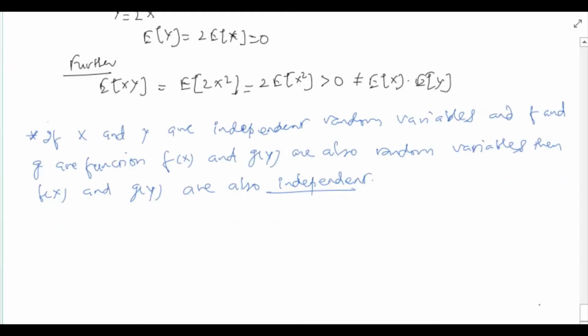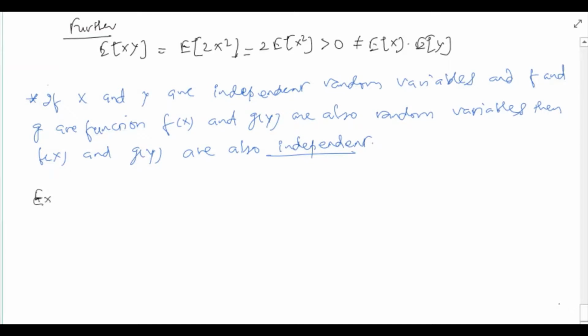Let's now see a couple of more examples that illustrate how the property of independence of random variables can be used to compute the probability mass function or probability density function of some of those random variables. Examples.